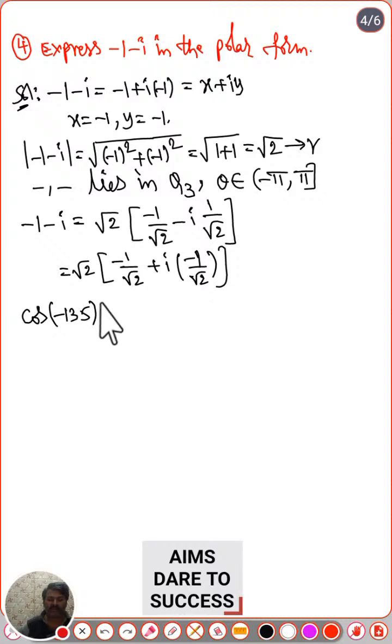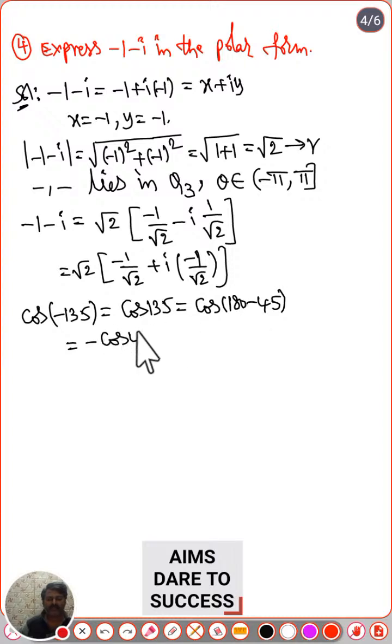Cos of minus theta is cos theta, so cos of minus 135 is cos 135. Cos 135 can be written as cos of 180 minus 45. Cos of 180 minus theta is minus cos theta, so cos of 180 minus 45 is minus cos 45, which is minus 1 by root 2.